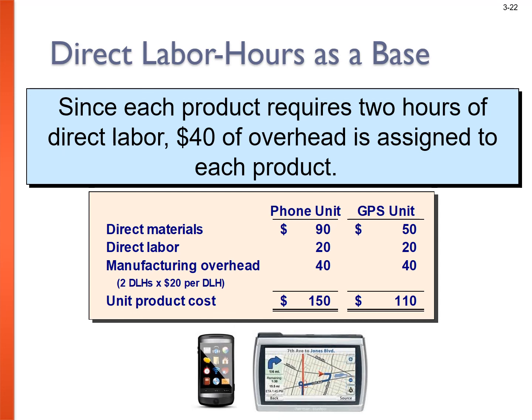Contrast that to the GPS system. Their direct materials are $50, $20 for direct labor, and then we're applying the overhead based on that predetermined plant-wide overhead rate of $20 per hour, and it also requires 2 direct labor hours. So the overhead applied would be $40 also, resulting in a cost of $110 under the traditional system.